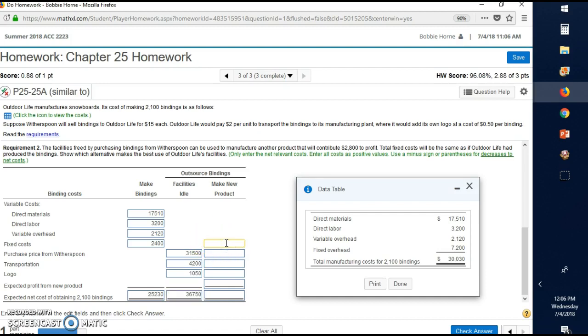Then if we make the new product, it says total fixed costs will be the same as if Outdoor Life had produced the bindings. So that will be the same. So if we make the new product, we're still going to have the fixed cost.